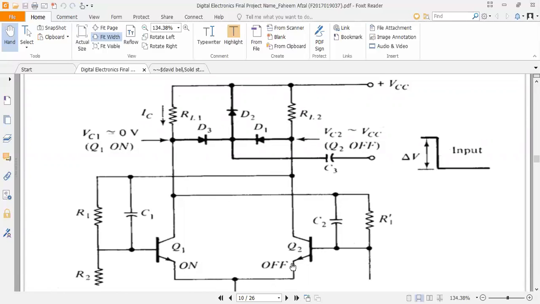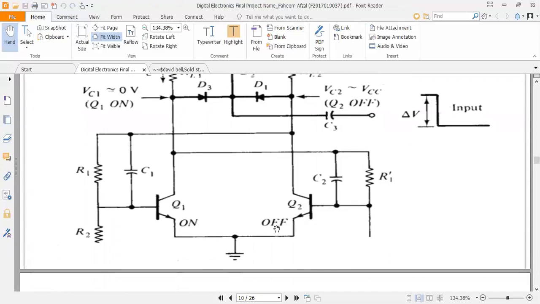When Q1 is on and Q2 is off, there will be a negative voltage at the cathode of D3 and 0.2 volt at the anode. That will make D3 reverse biased and D1 forward biased. So when we apply input here, D1 becomes reverse biased and D3 becomes forward biased, Q1 becomes off and Q2 switches to on. I will explain it.